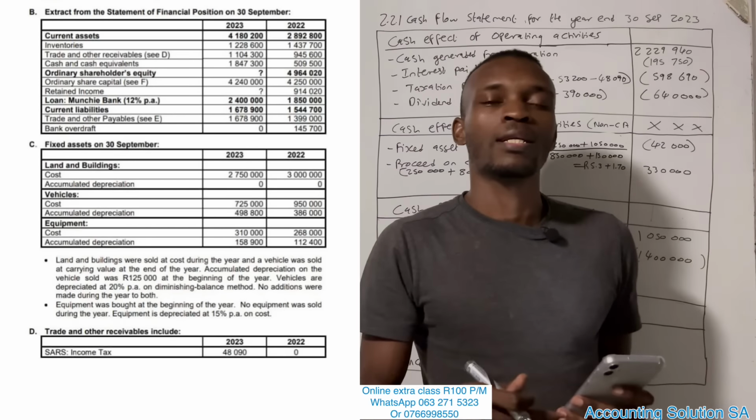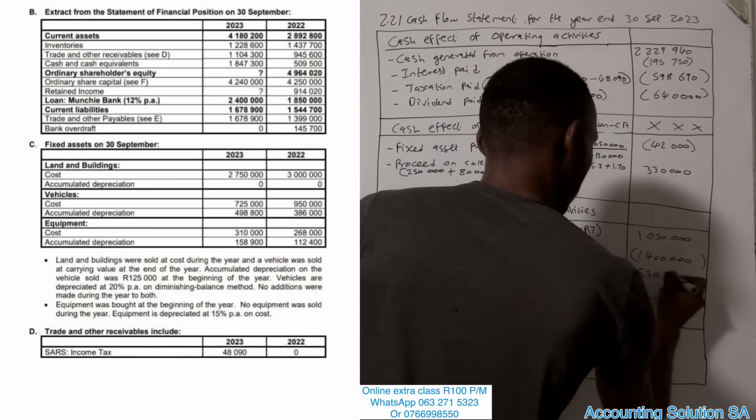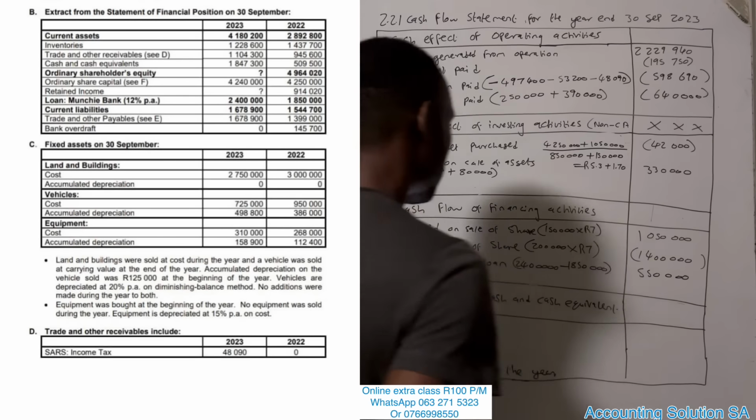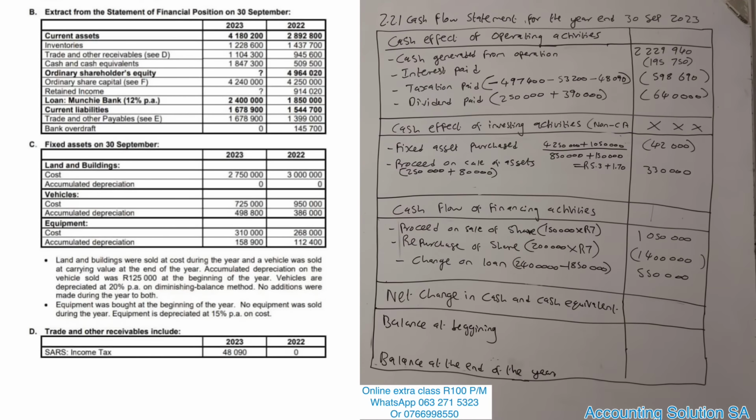It's 2.4 million minus 1,850,000, which is going to give us 550,000. Very simple.